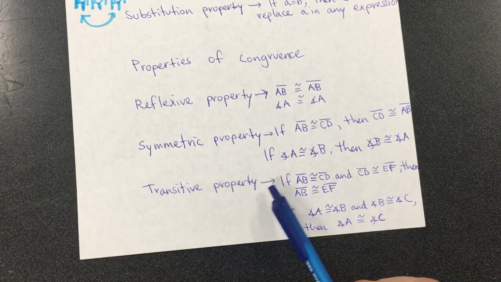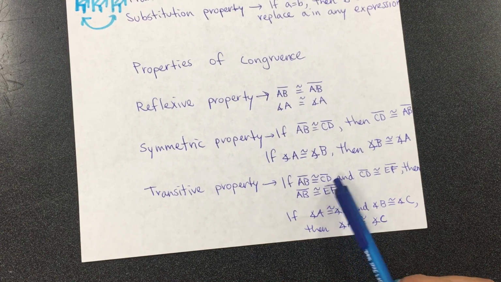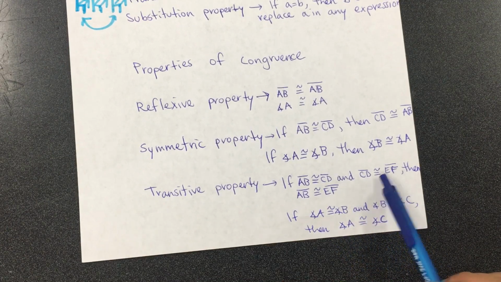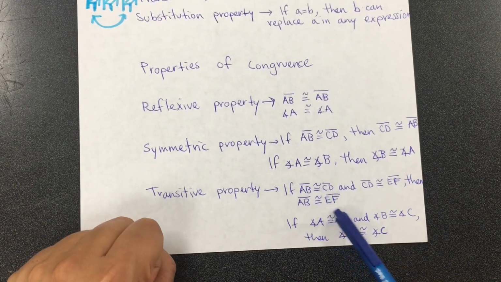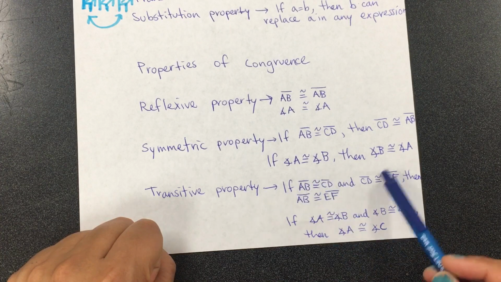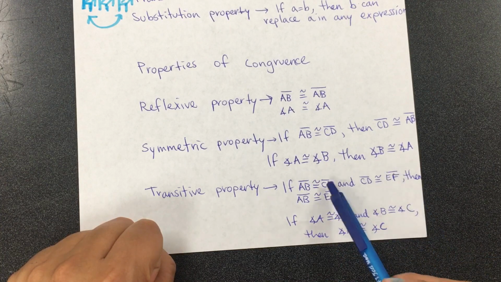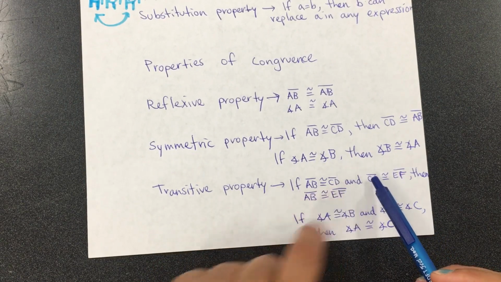And finally, transitive property, if AB is congruent to CD and CD is congruent to EF, then AB is congruent to EF, okay? That's the first one and this the third one. And both of these relate to the middle line.